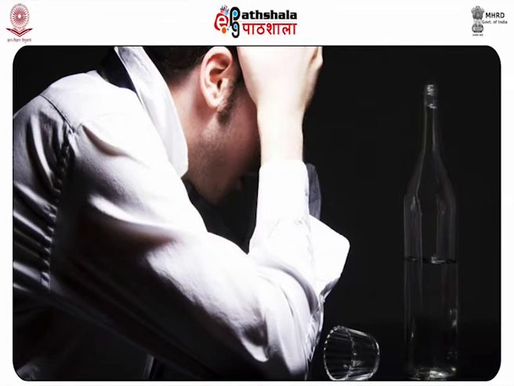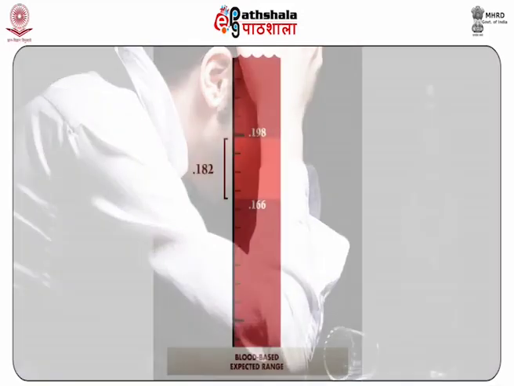Since he was expected to dissipate 0.02% of alcohol per hour, he would have dissipated 0.07% of alcohol from his blood. The crime laboratory determined his BAC to be 0.14% in his blood drawn at 12:36 a.m.